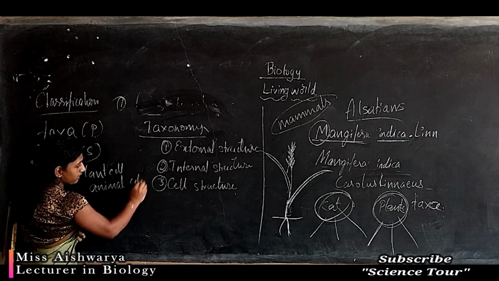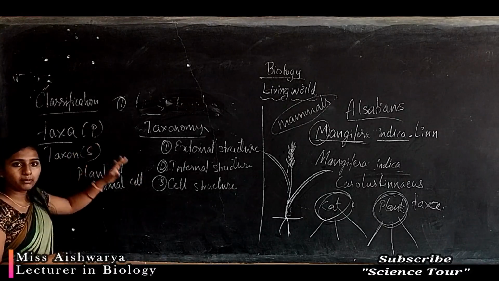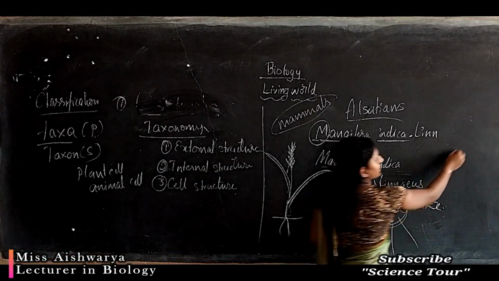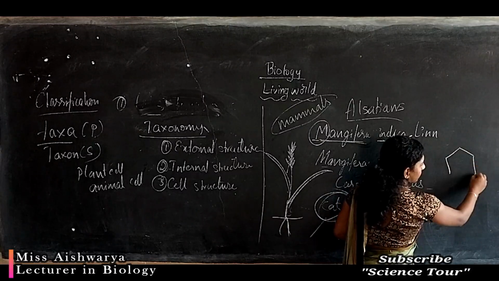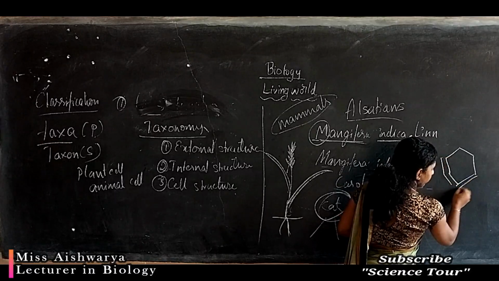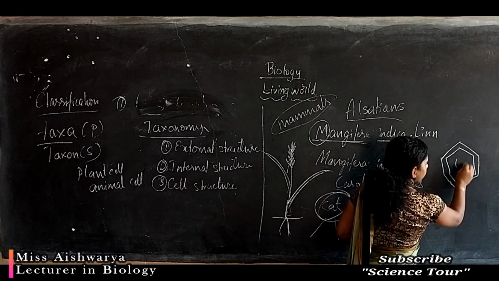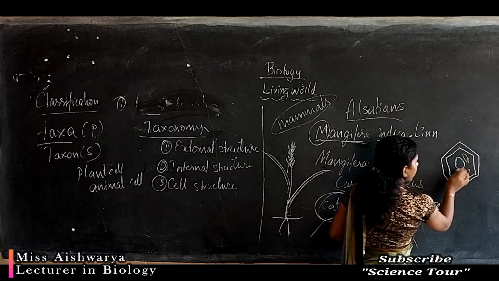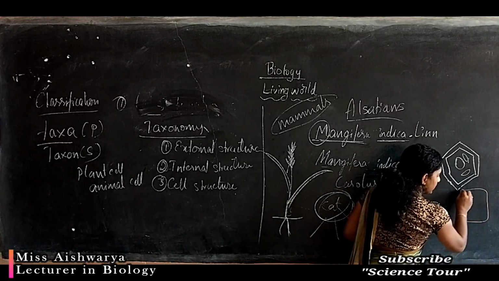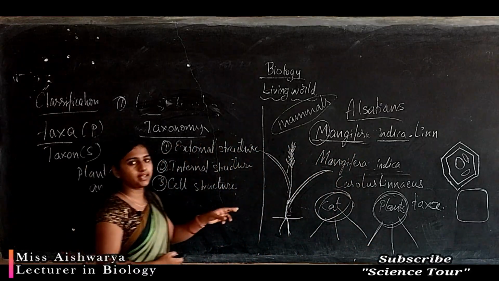There is a major difference between the plant cell and animal cell: around the plant cell you can see a thick wall, which we call the cell wall. In the animal cell there is only a single membrane around the cell. These are the main differences between the plant cell and animal cell.